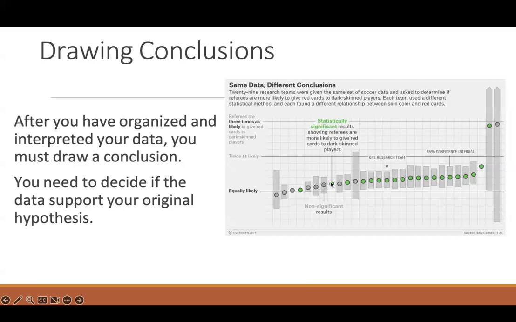Now, all the green dots represent research teams that, from their data analysis, their results showed a statistically significant difference, or darker skinned players were statistically more significantly likely to receive red cards than lighter skinned players. And the gray dots mean that there wasn't any statistical significance to the results. So you can see all of these different groups received the same data. Most of them saw different results, all based on the statistical method they used.